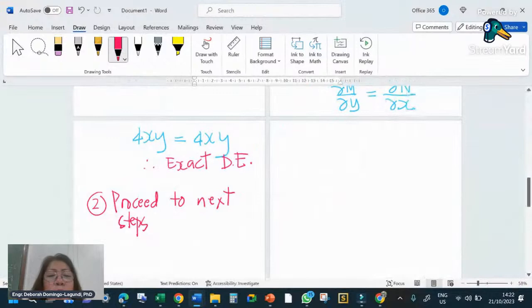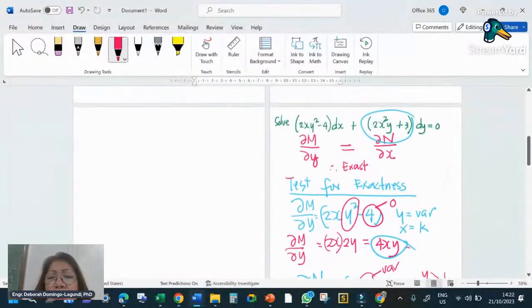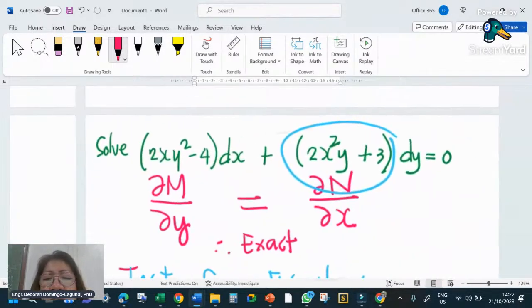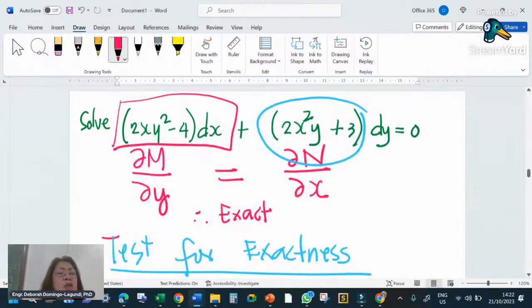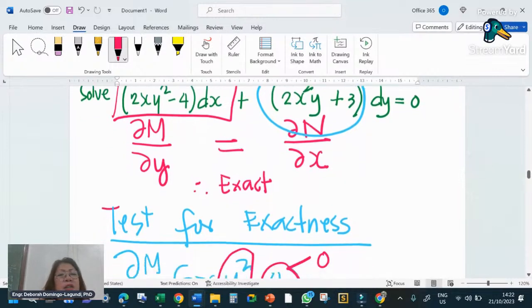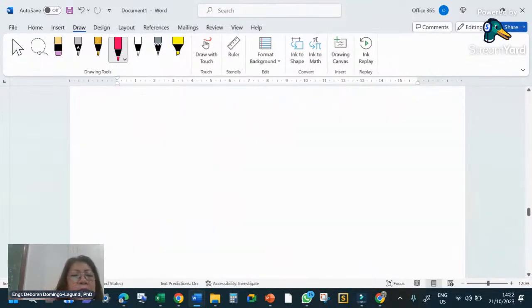What is this? We can take either the m or the n. Remember, these are the m and the n's. Okay? I'll take m first. Okay? 2xy squared minus 4 dx.